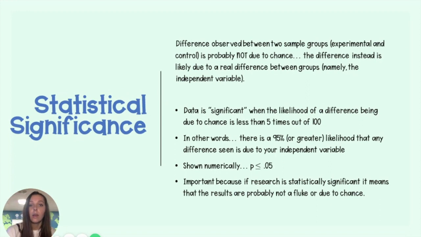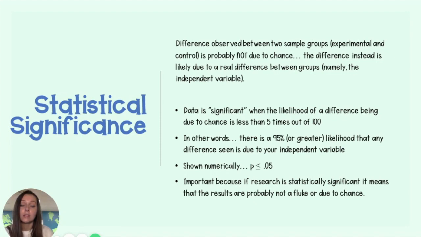So if you come across an experiment and it says the p-value is 0.6, then that means 60% of it is due to chance, and that's not okay. So you always want this p-value, this lowercase p, to be equal to or less than 0.05 or 5%. We want 95% or greater to be due to the independent variable, not chance.